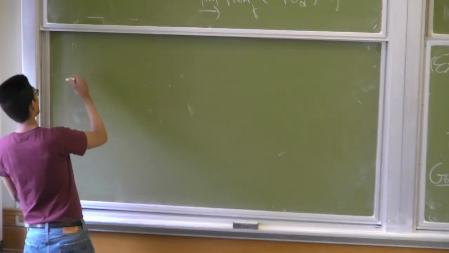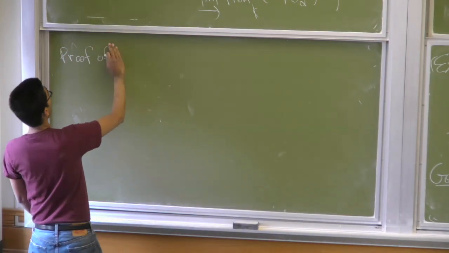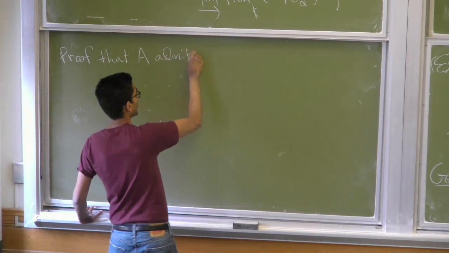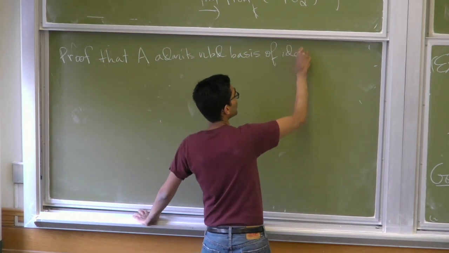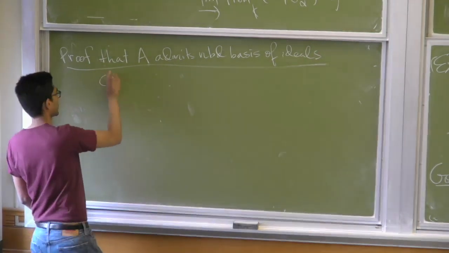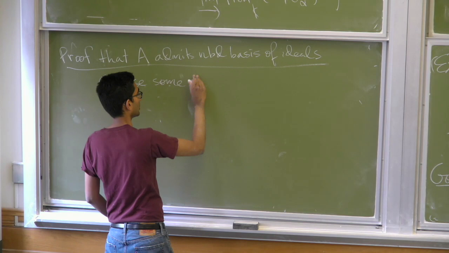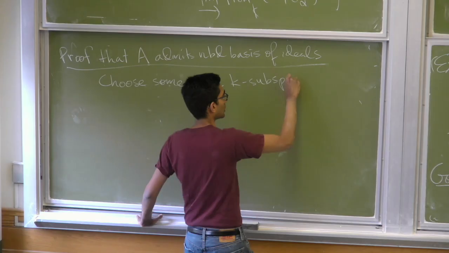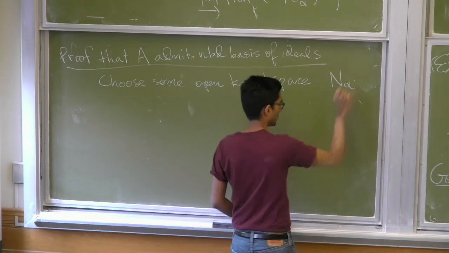So, proof that A admits a neighborhood basis of ideals. Choose some open K subspace, let's call it N sub alpha.